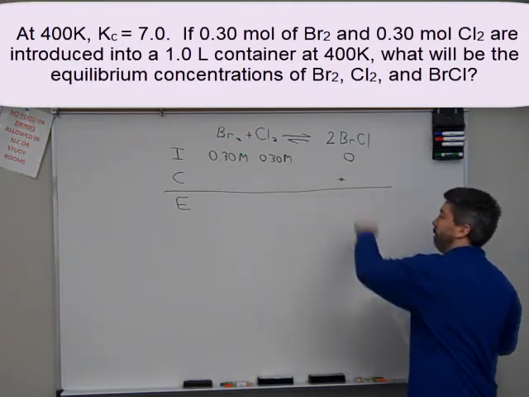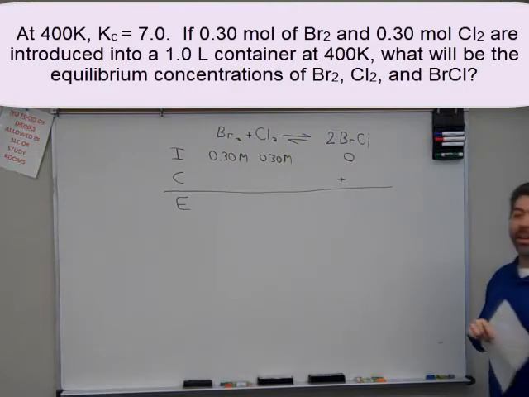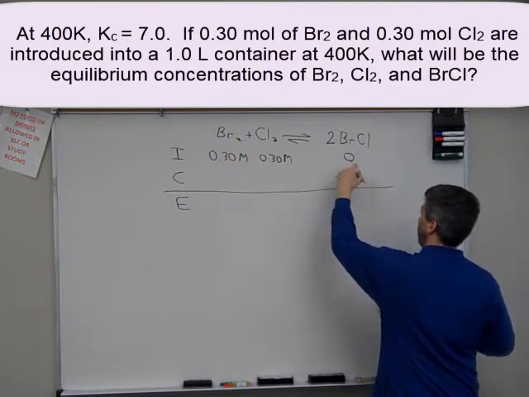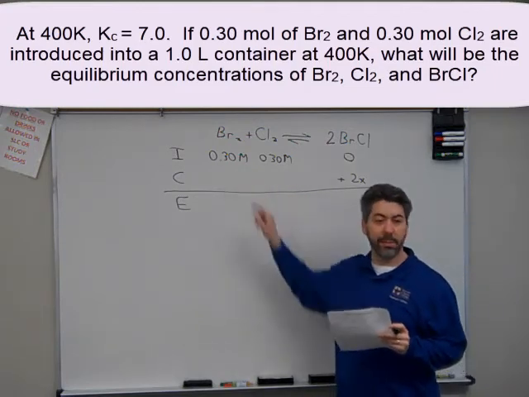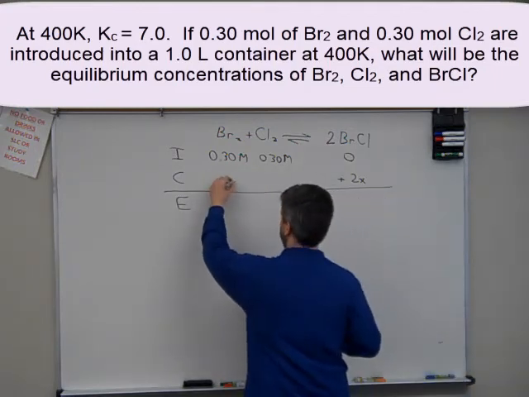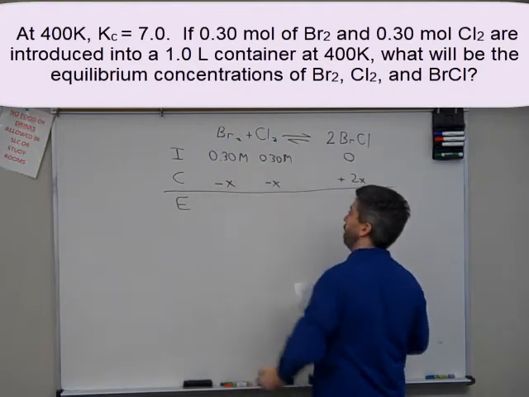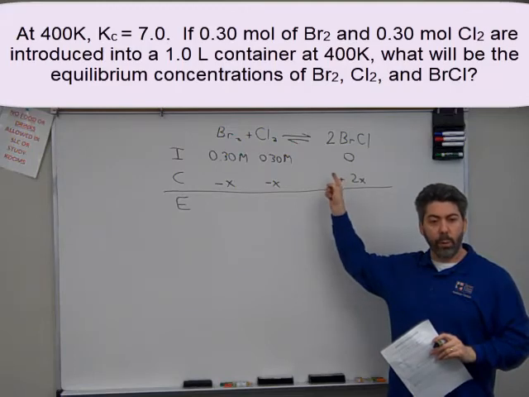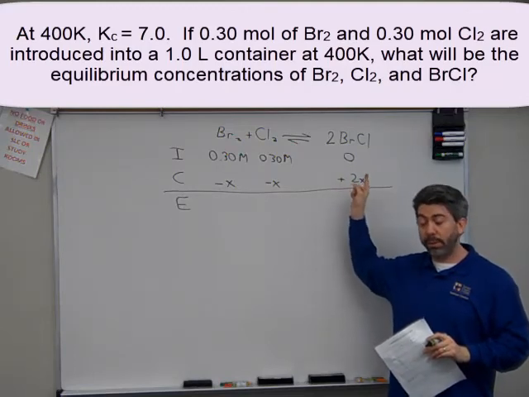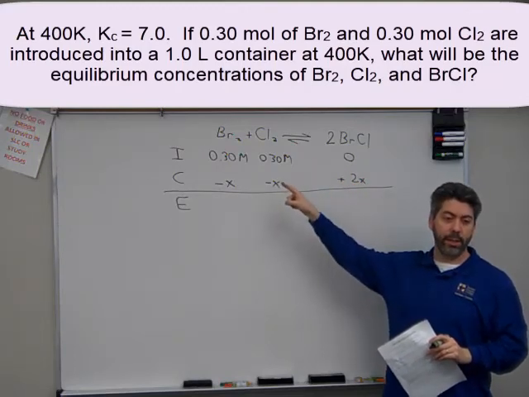Now, positive what? 2x. Positive 2x. Way to remember the coefficient. What about these guys? What are these going to be? Minus x. Why is it minus? Well, if products are formed, they have to be formed from reactants, right?